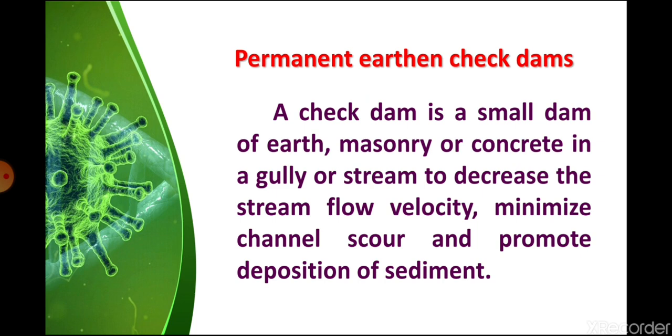And the function of this is also like the previous structures. It helps to deposit the sediment as well as allow a controlled amount of water into the section or channel. So this is all about the permanent gully control structures.